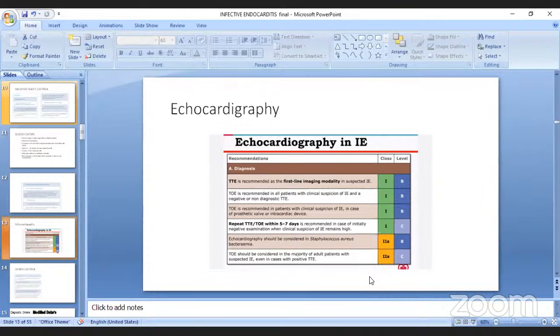And then again, a class 1 recommendation: repeat the TTE or TOE within 5 to 7 days is recommended in case of an initially negative examination when clinical suspicion of infective endocarditis remains high. This is what I was telling you about.